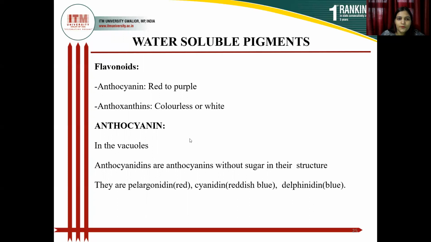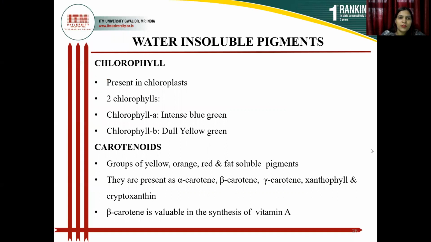First, anthocyanin: in the vacuoles, anthocyanidins are anthocyanins without sugar in their structures, and they are pelargonidin, red; cyanidin, reddish blue; and delphinidin, blue. These anthocyanins give the different colors: red, violet, bluish, reddish blue, and blue. And these are water-soluble pigments.